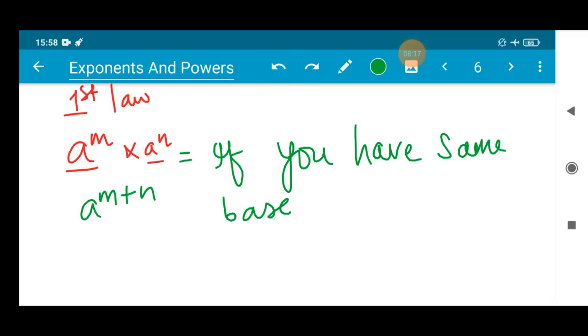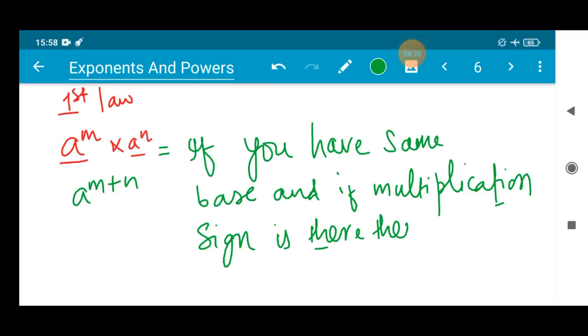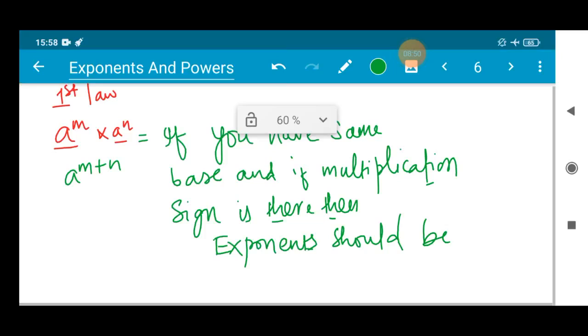Okay, so if you have the same base and a multiplication sign is there, then the exponents should be added.